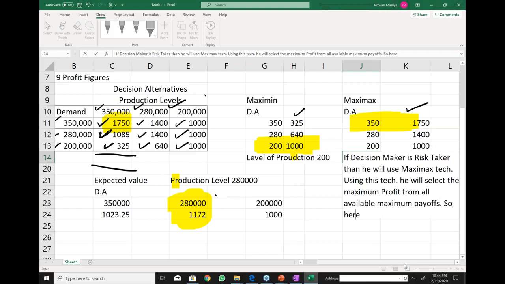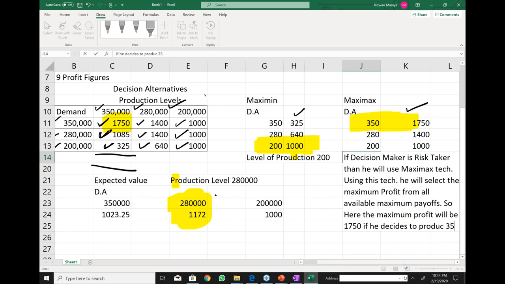So here the maximum profit will be 1750 if he decides to produce 350 bags based on Maxi Max. So this is what you have to write.